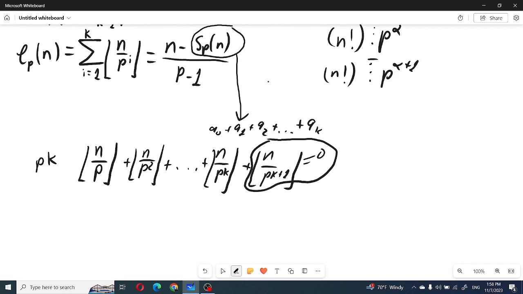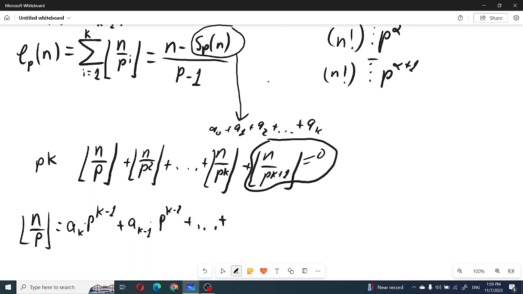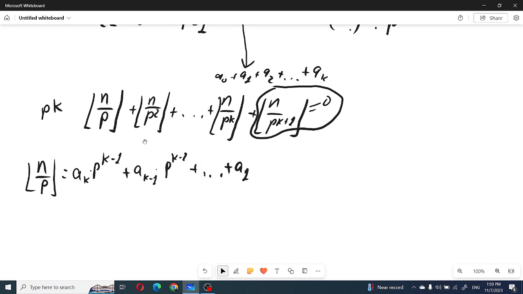To show this, let's imagine what floor of n over p is. This would be ak times p to the k minus 1 plus ak minus 1 times p to the k minus 2, up to the last number, which must be a1, because a0 over p will give us 0. Now let's look at what floor of n over p squared will be.